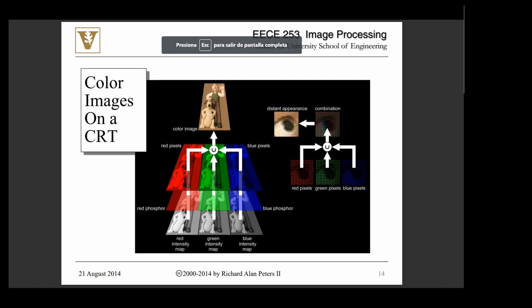Technologically, you don't need to display every color. All you need is to represent three different colors, red, green, and blue, and then you will have different intensities in each one of the pixels. But these pixels are so small that you don't see them. When you look from a distance, you don't see the pixels anymore, but the different colors combined, because you are not able to see the details from the distance.